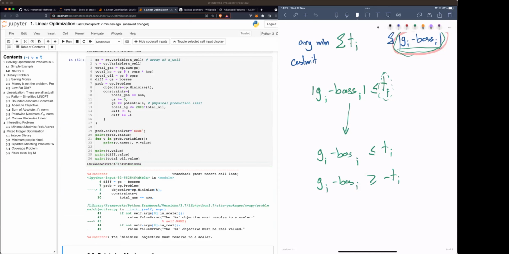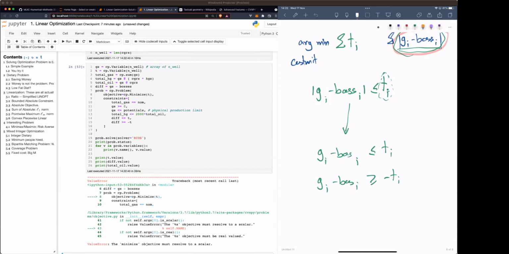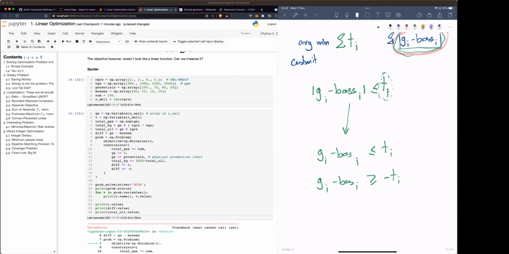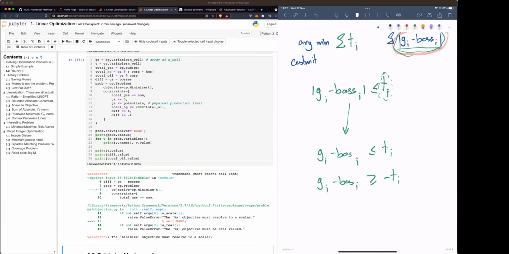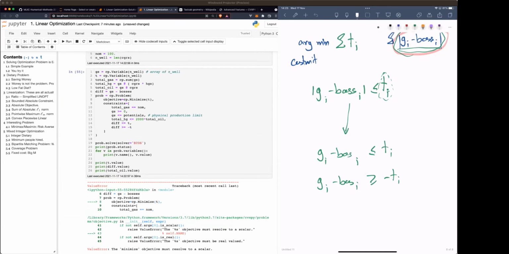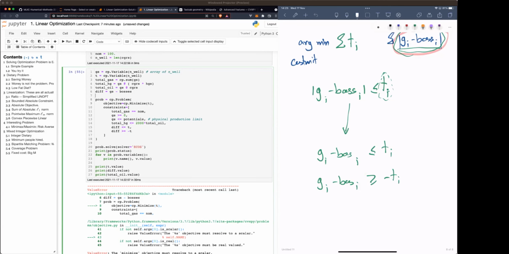Minimize objective must be solved to a scalar. It is a scalar. Why is it not scalar? Put all the dots. Minimize objective must be scalar. Oh, sorry about that.